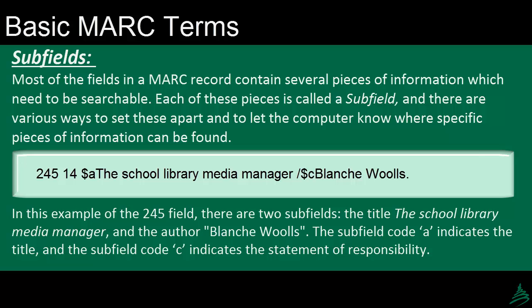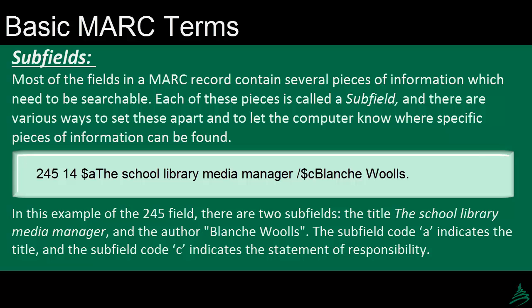So we want to make sure that the names are in the subfield C and that the title is in the subfield A, and the subtitle is in the subfield B. I know we're getting a little redundant here. But some of the possible subfields in 245s are the title, subtitle, and the statement of responsibility.